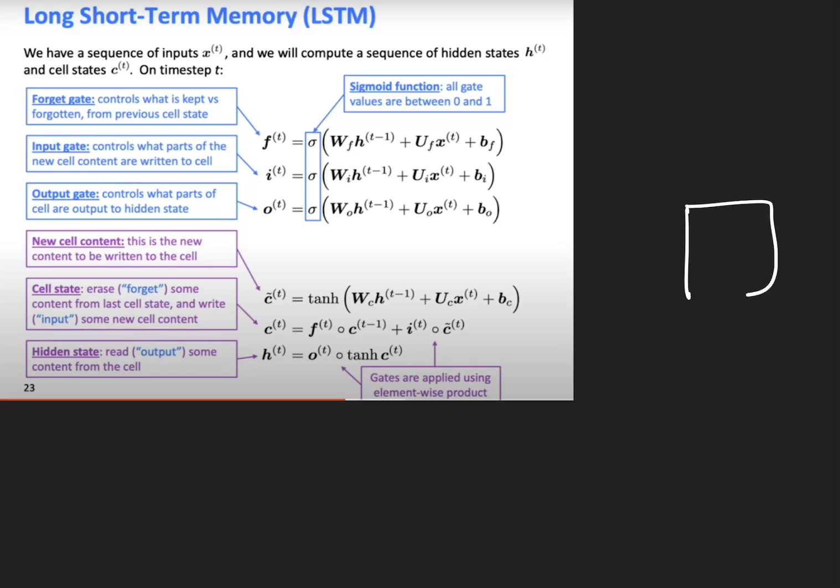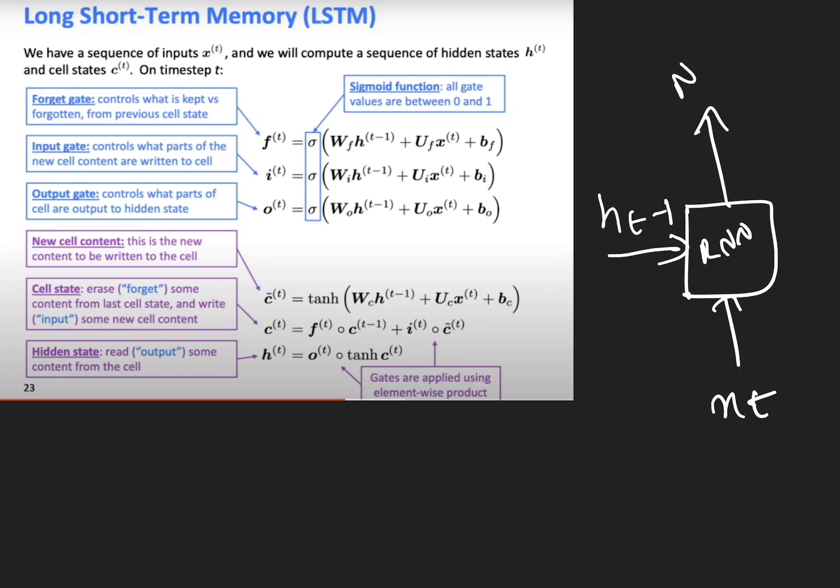So this is our basic RNN block where we have a hidden state, we have our current input, and this would be as an RNN. This would be our next token or the output, and this would be our next hidden state. So xt is our current word.